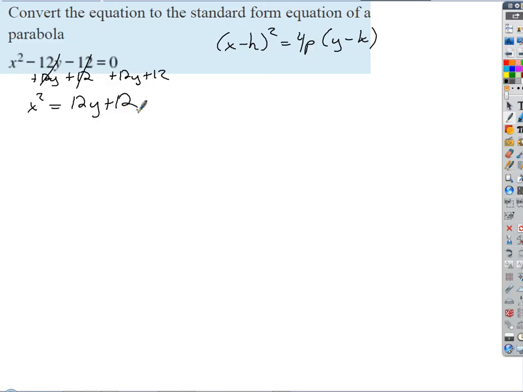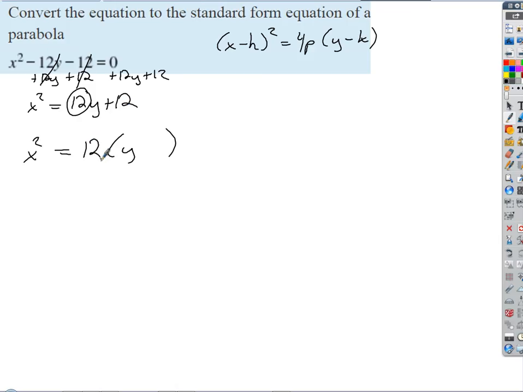But we want that to look like some number times (y minus k), some number times y plus or minus some number. Well, what's the number that has to go out front? If we want the y to be by itself in this quantity, whatever the coefficient of y is on the right side, that's what I have to factor out of both terms. Or you can think of it as undistributing.